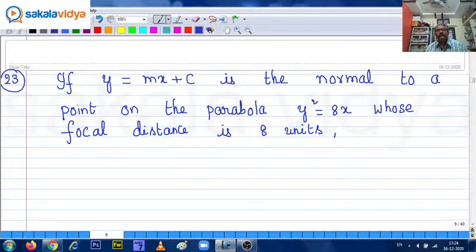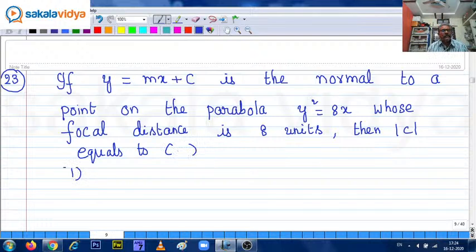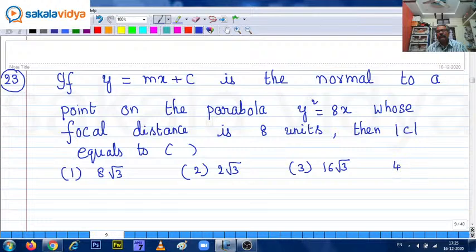Then mod c equals to, or the value of mod c. First option 8 root 3, second option 2 root 3, third option 16 root 3, fourth option 10 root 3.